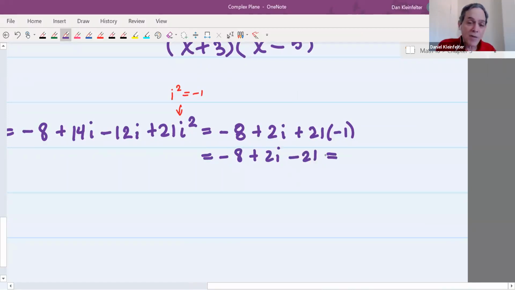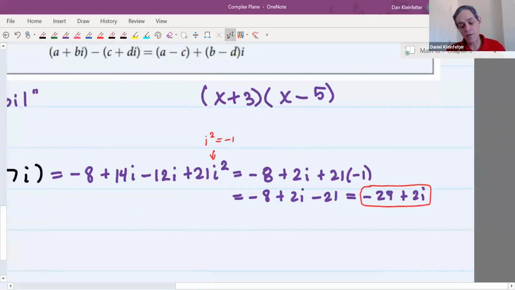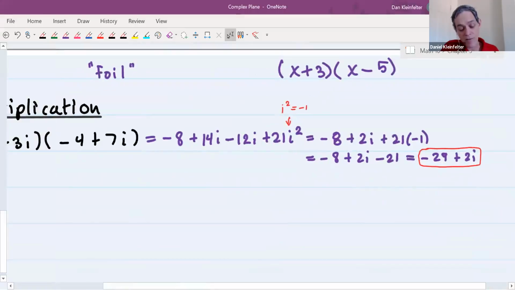Finally, negative 21 plus negative 8 is negative 29 plus our 2i. Okay, and that will do it for our first multiplication. So in short, we're multiplying kind of like you would multiply two binomials together, only whenever you see an i squared, you're going to replace it by a negative 1.